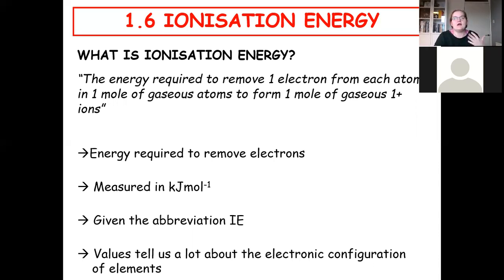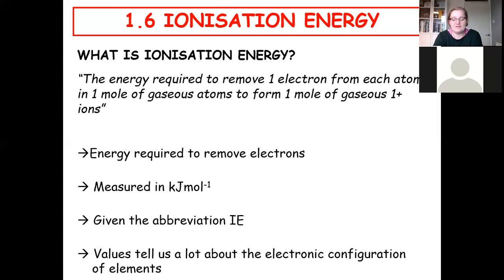We can talk about ionization energies in terms of first, second, third, fourth, fifth ionization energies. For the first ionization energy, we're removing one electron. For the second ionization energy, we're removing a second, and so on. Ionization energy has an official definition: it's the energy required to remove one electron from each atom in 1 mole of gaseous atoms.